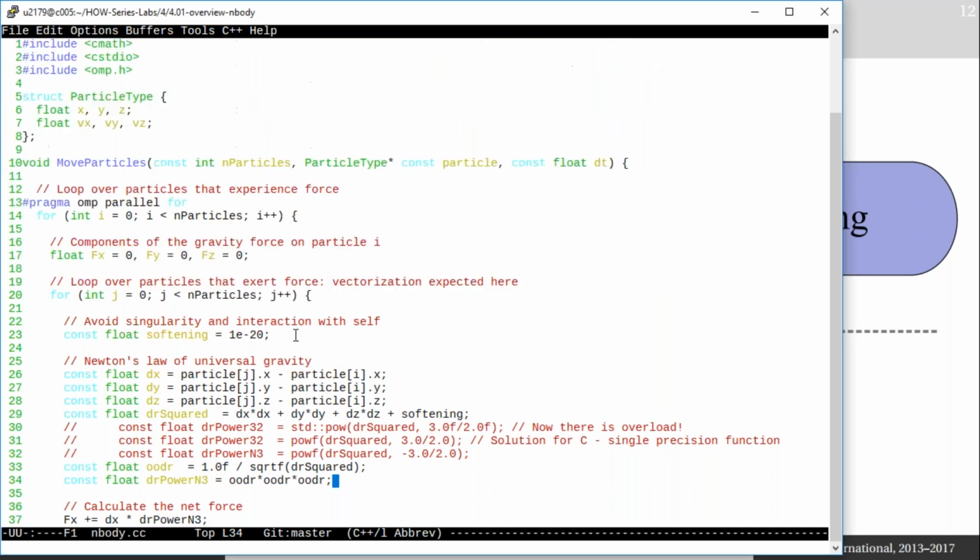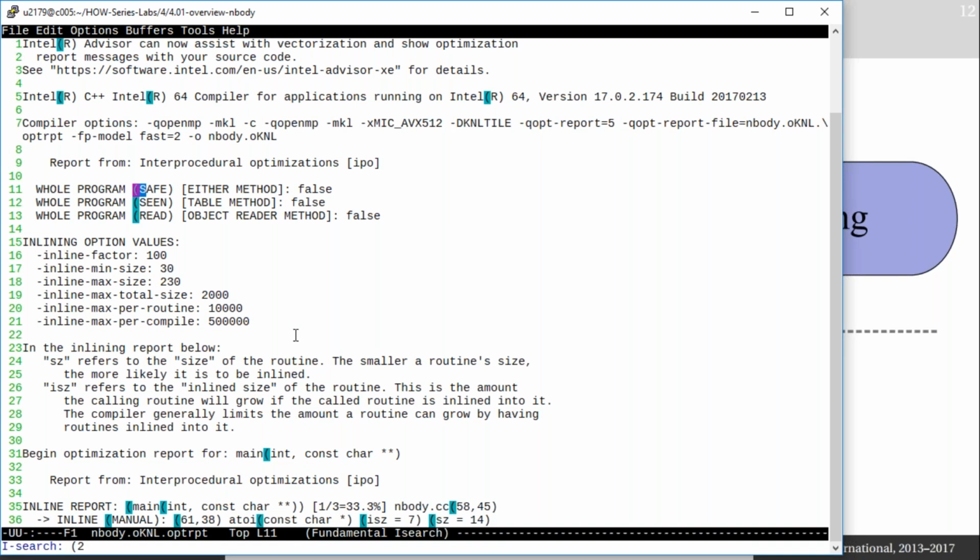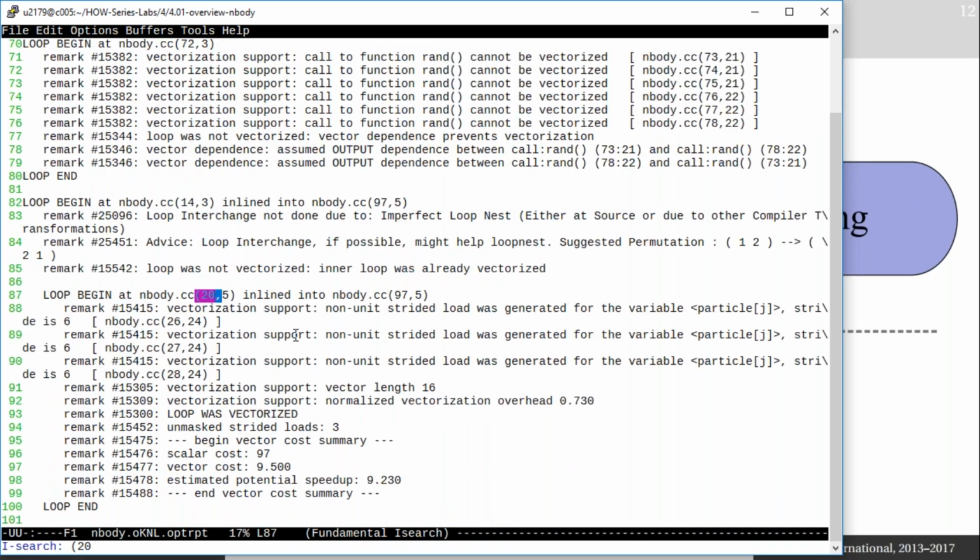So, line 20. As you can see, there are no more divides, so no more divisions, so I have no other scalar optimization opportunity, but I have more red flags.